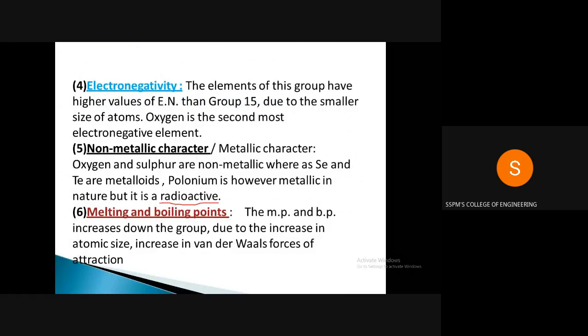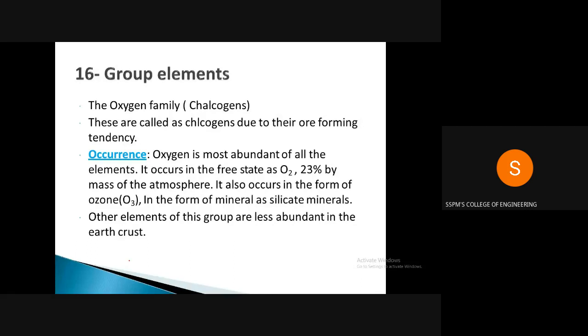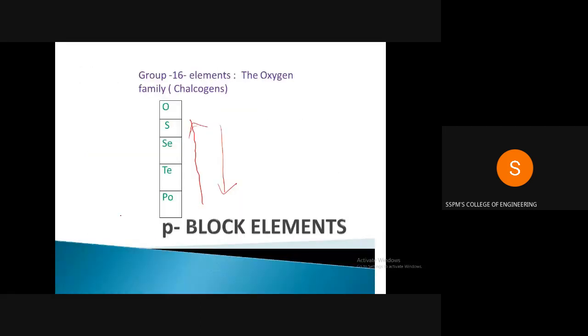Then melting point and boiling point. These are important physical properties of the elements. Melting point and boiling point increase down the group due to the increase in atomic size and van der Waals force of attraction. But the exception is tellurium and polonium.